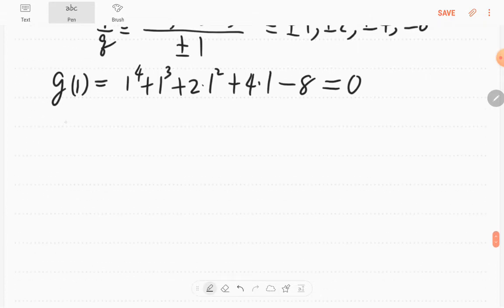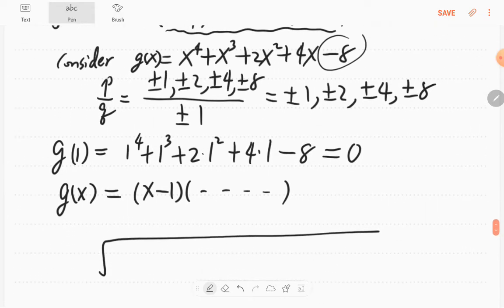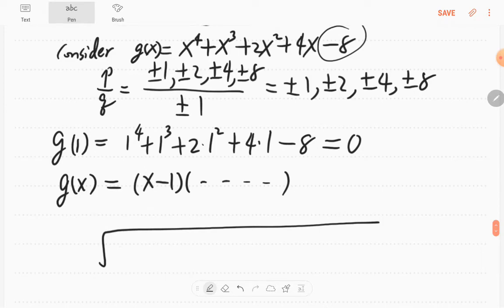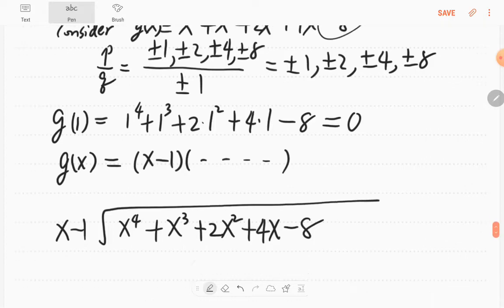So our g of x can be written as x minus 1 times something. So we divide g of x, which is x to the fourth plus x cubed plus 2x squared plus 4x minus 8, by x minus 1.